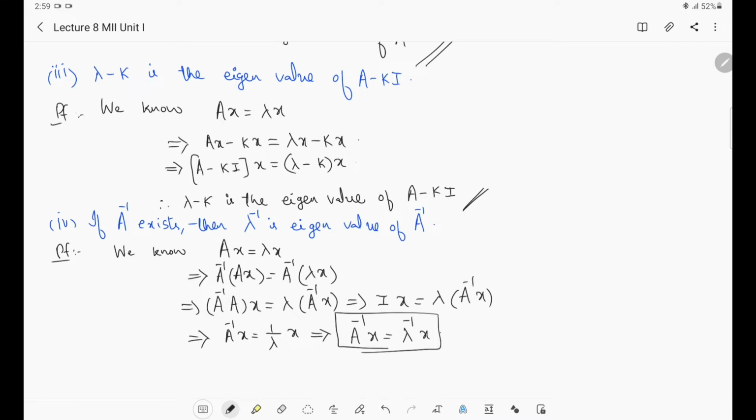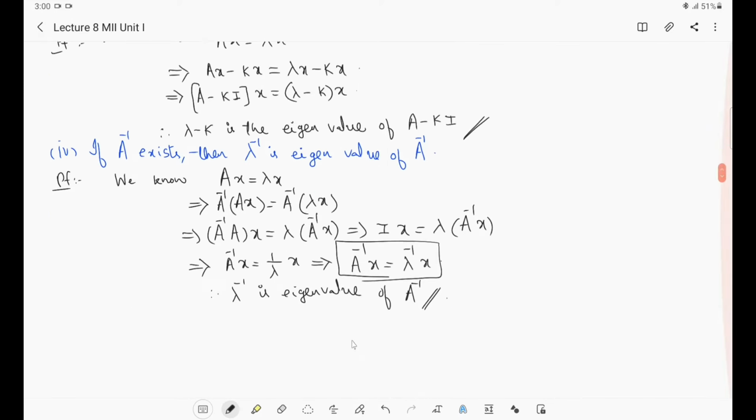So from this we can say that lambda inverse is the eigenvalue of A inverse, right? When lambda is the eigenvalue of A, Ax equals lambda x. When lambda inverse is the eigenvalue, then A inverse x equals lambda inverse x. If this is holding, the meaning is lambda inverse is the eigenvalue of A inverse, right? This is the fourth property.